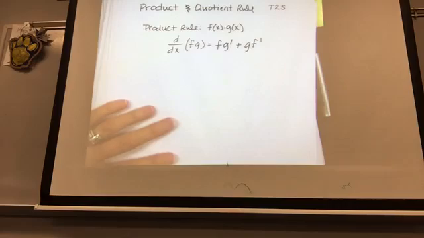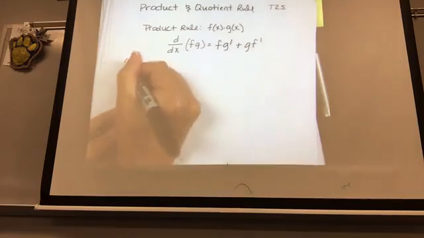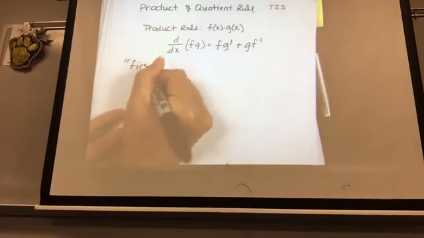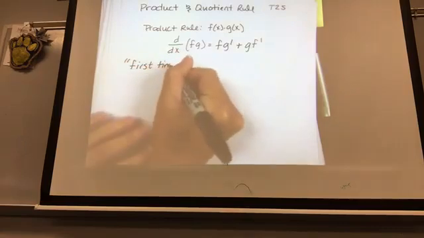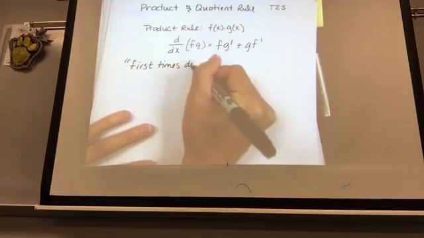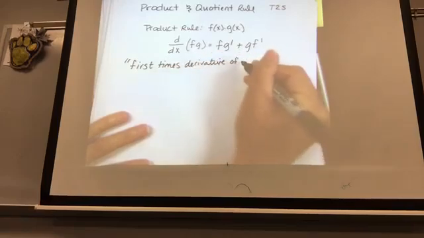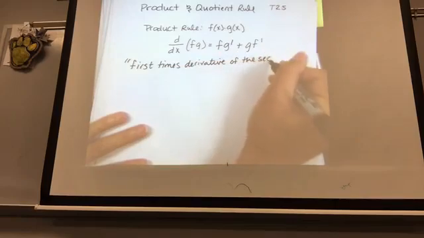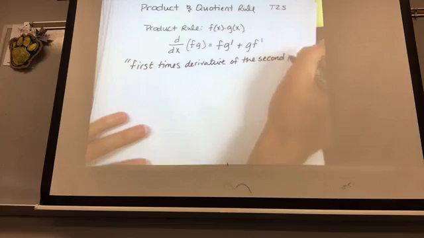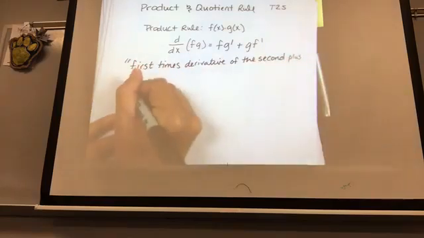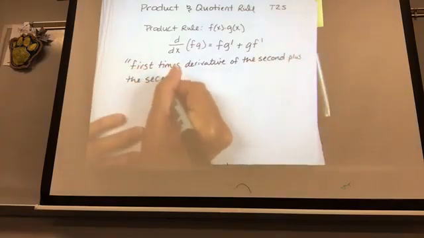So you'll memorize that. First times derivative of the second, plus the second times the derivative of the first.